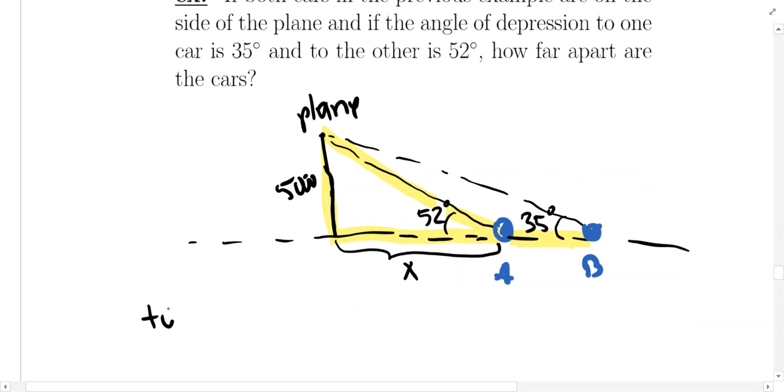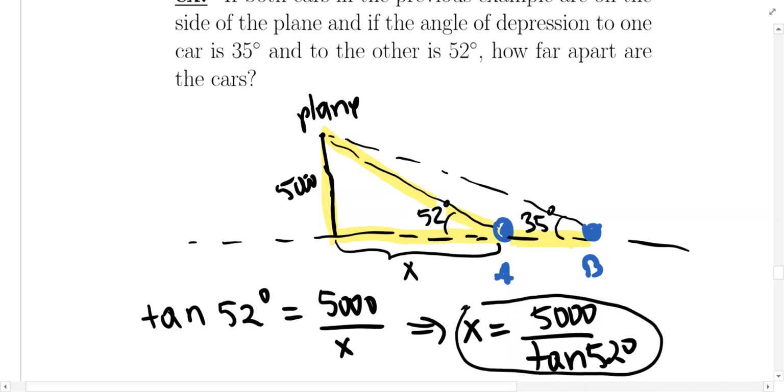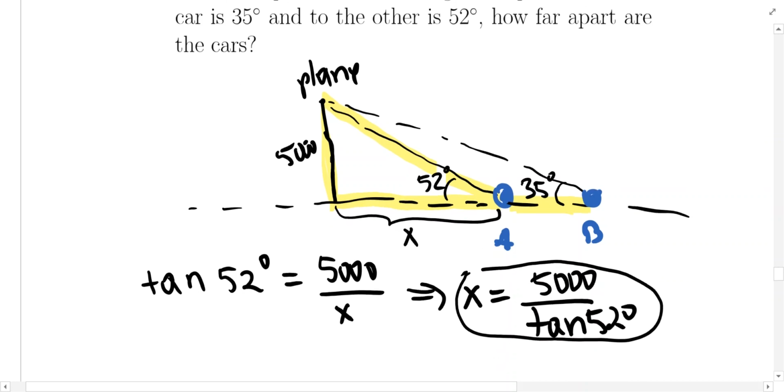So I apply tangent of 52 degrees equals opposite 5,000 over adjacent, which is x. So I can solve for x, and x is still 5,000 over tangent of 52 degrees. So this small right triangle gave me that x is this much.